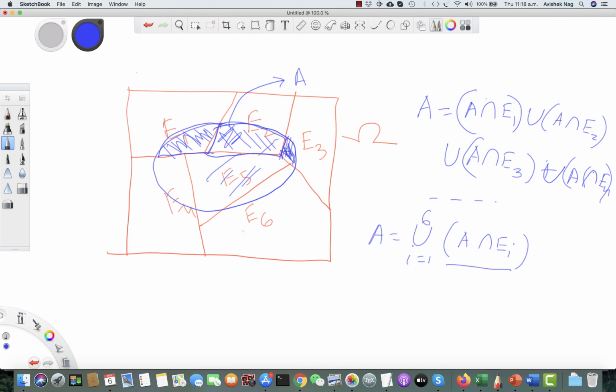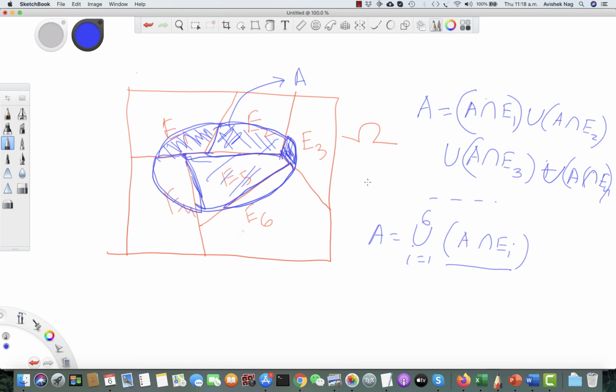Then this is the distinct boundary of A intersection E3. Then this is the distinct boundary of A intersection E6. Then this is the distinct boundary of A intersection E5, and then this is the distinct boundary of A intersection E4.